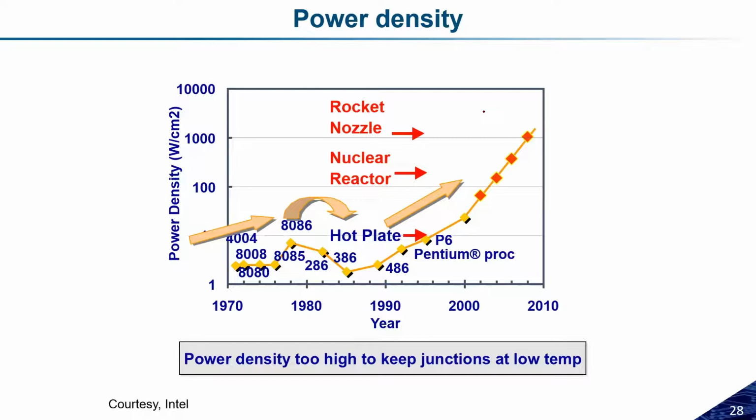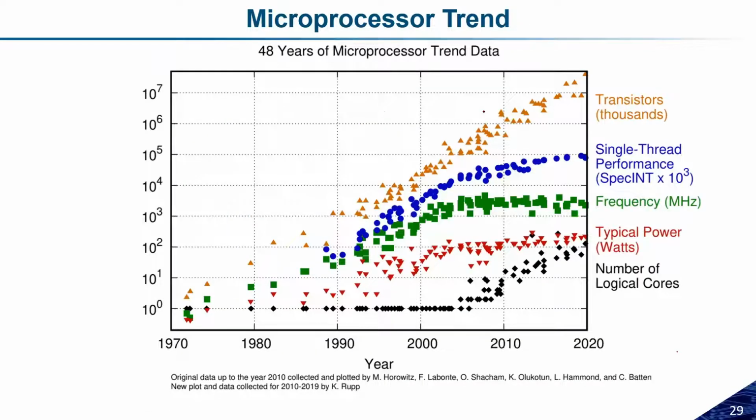Okay, so this slide is really very important. In this particular slide, up to 2020, they have collected data on the microprocessors that have been fabricated, based on five important parameters.